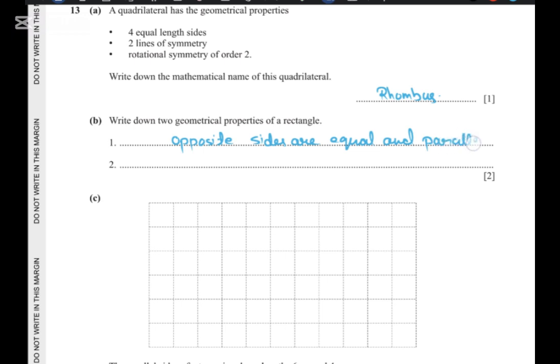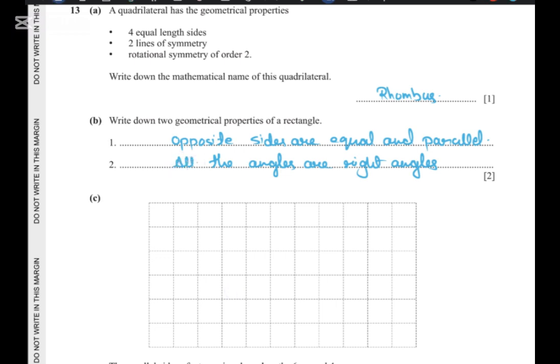This is one of the properties of a rectangle. And one more property you can write, all the angles are right angles. You can write many more. There are so many properties. You can take any of the properties and two of them you can write here.